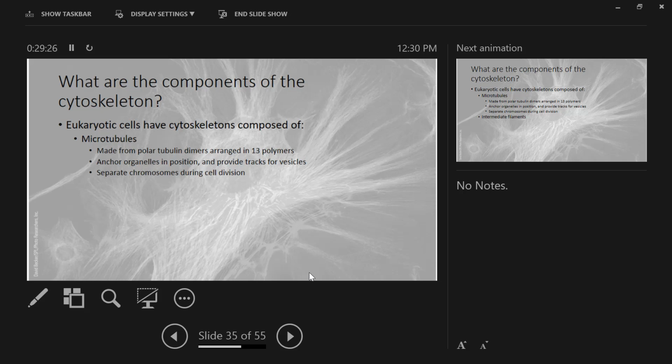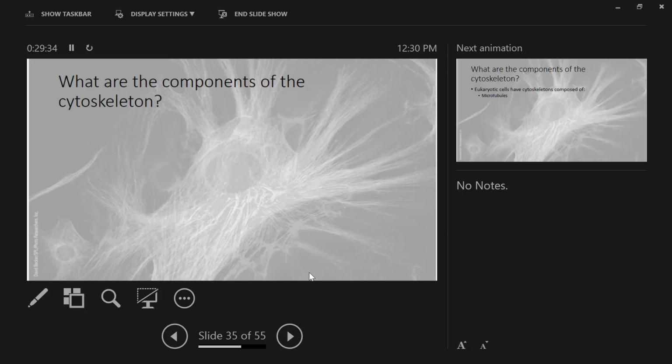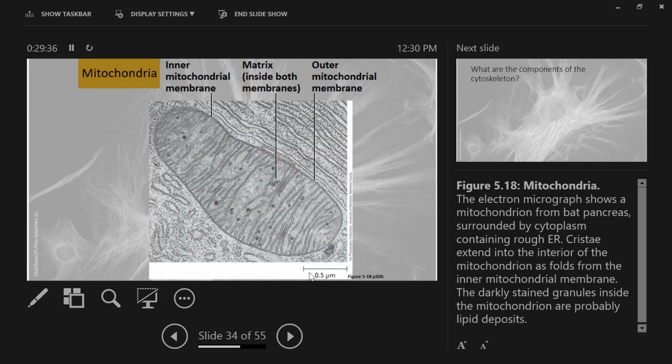Yeah, Daniel. So the straight lines on the picture, the electron microscopy, the mitochondria, right above it, is that microtubules? Right here, above it? Yeah, all of these. Yeah, it's a good question.